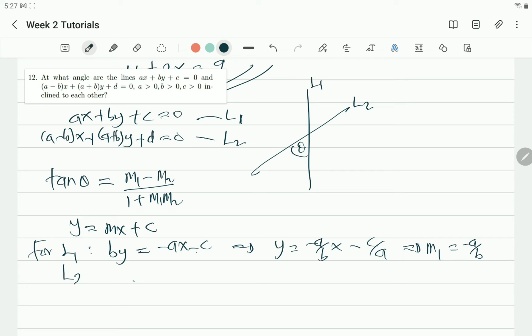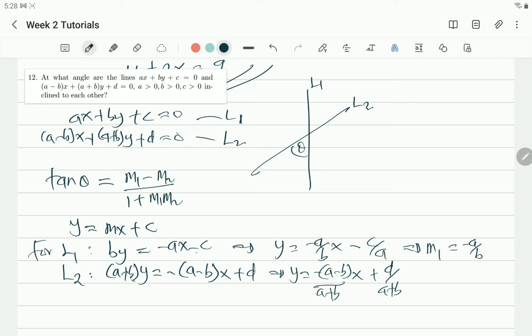So for L2 we have that the y part of the equation is (a plus b)y, and that is equal to minus (a minus b)x plus d, and that implies that y is equal to minus (a minus b) all over (a plus b) x plus d over (a plus b), right?